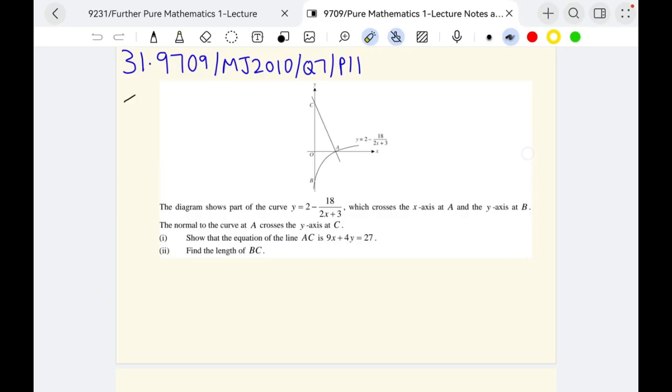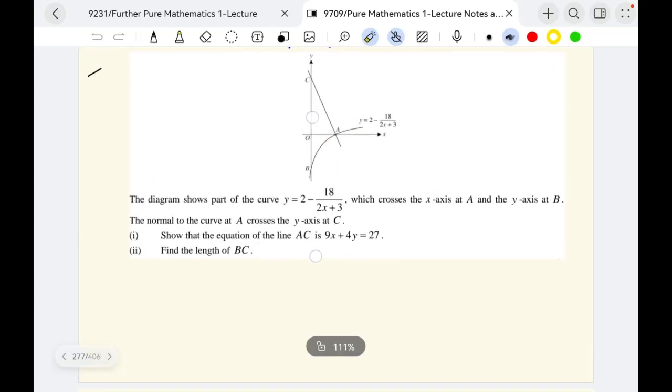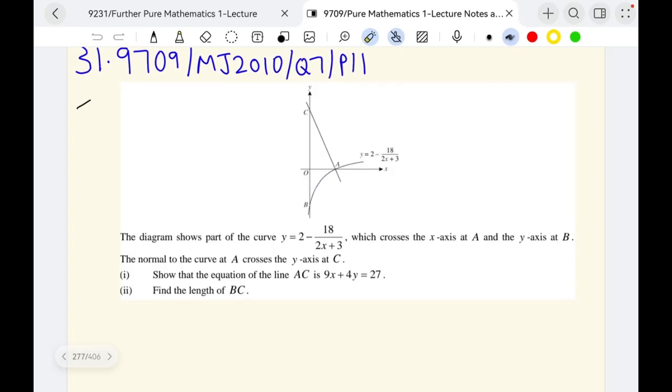Okay, so following this diagram, there is a curve with the equation y equals 2 minus 18 divided by 2x plus 3, which crosses the x-axis at point A. And the normal to the curve at A crosses the y-axis at C. So this line is the normal line to the curve at point A. For the first part, show that the equation of the line AC is 9x plus 4y is equal to 27.